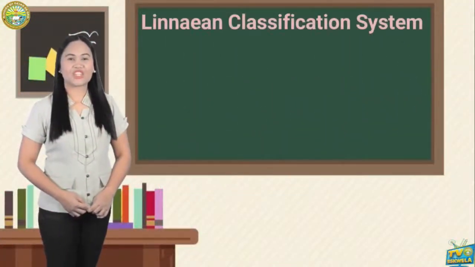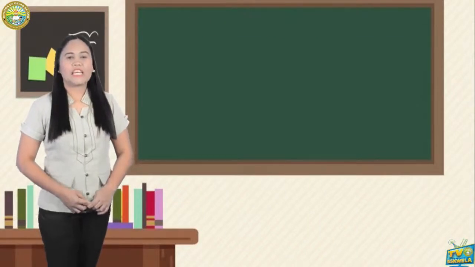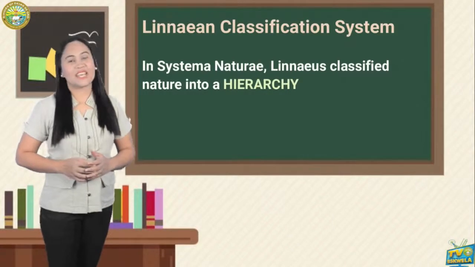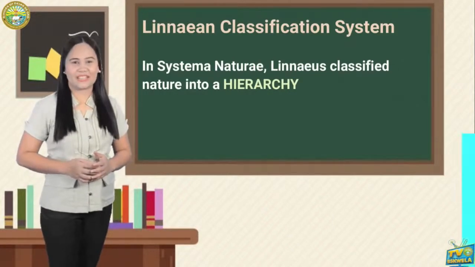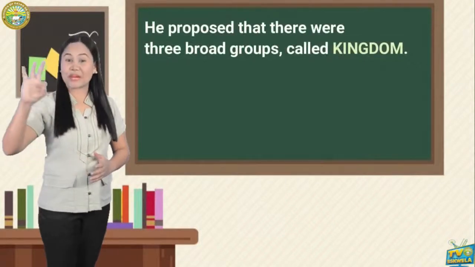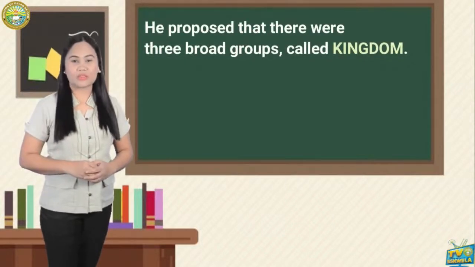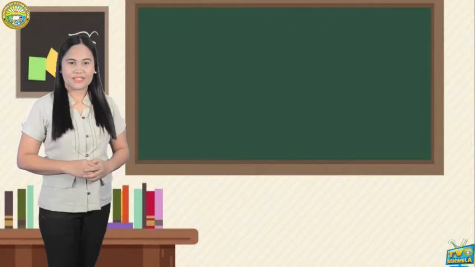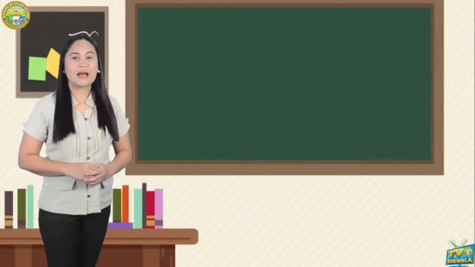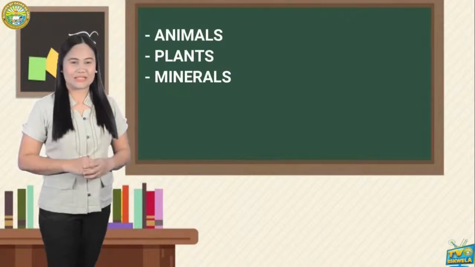Linnaean classification system. In Systema Naturae, Linnaeus classified nature into a hierarchy. He proposed that there were three broad groups called kingdoms. These kingdoms were animals, plants, and minerals.